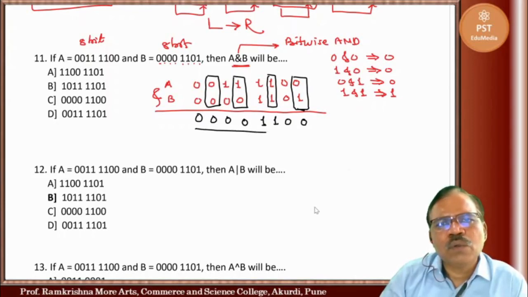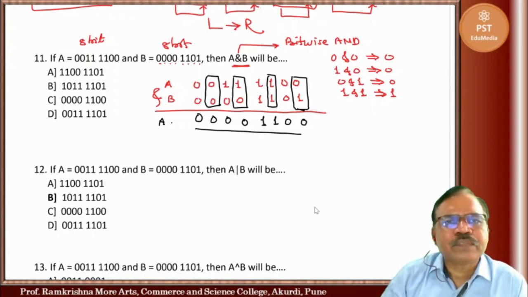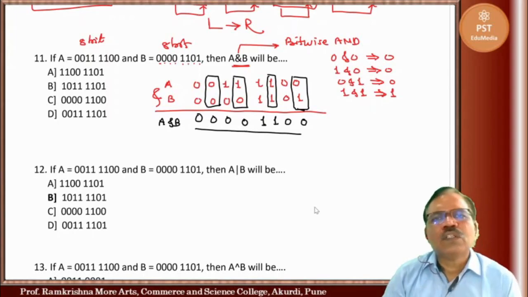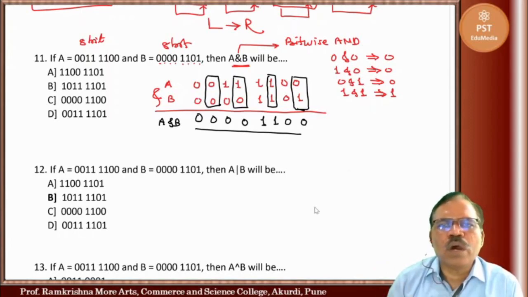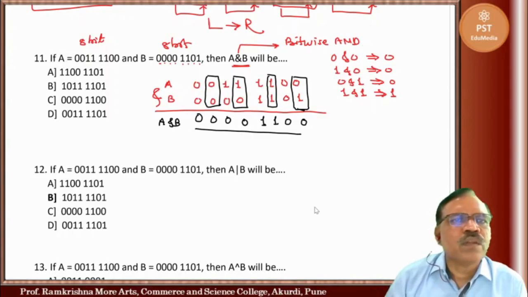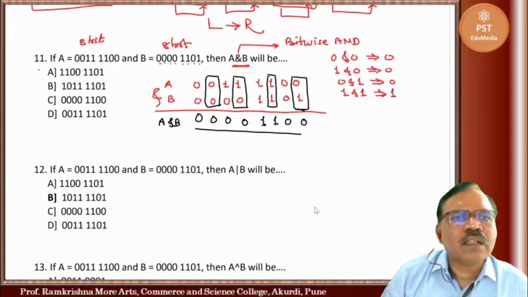So this is now A and B. So bitwise it acts. So here 0, 0, 0, 0, 1, 1, 0, 0. So here this is not correct. So if we see, C is correct and this is not correct.